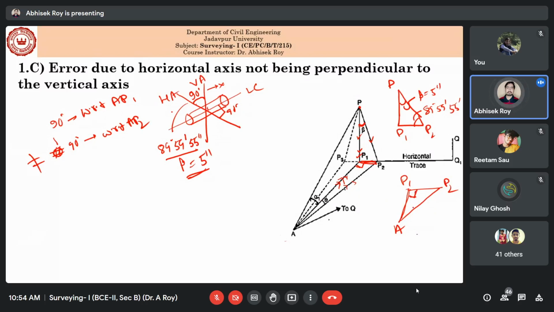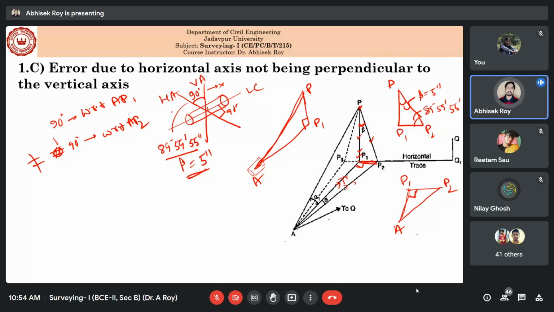If this angle is 90 degree, this will also form a triangle. Now if you look at this one, P1A, whenever you are looking through your telescope, this also forms a triangle where this is 90 degree. So these three are the triangles.